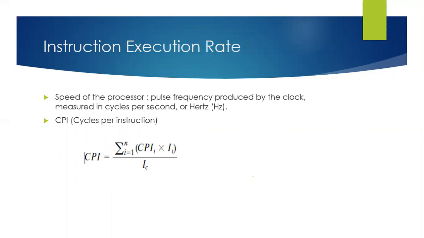Now let's see how we can count the rate of instructions. First is the speed of the processor, the pulse frequency produced by the clock, measured in cycles per second or hertz.